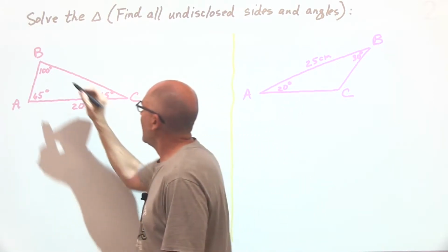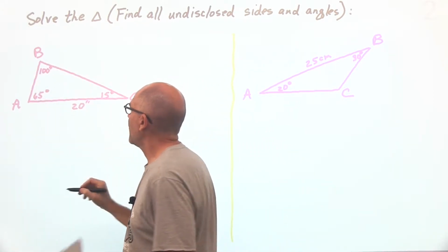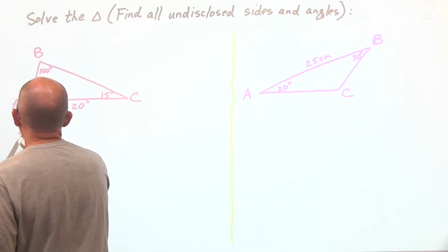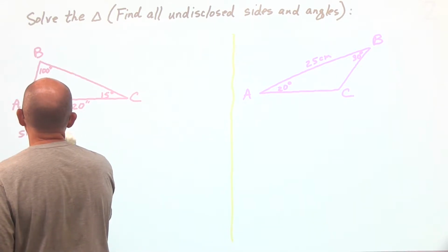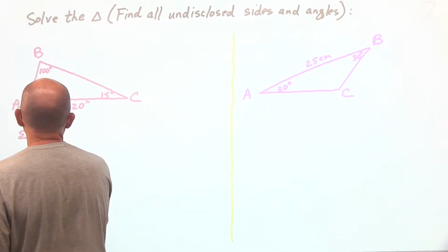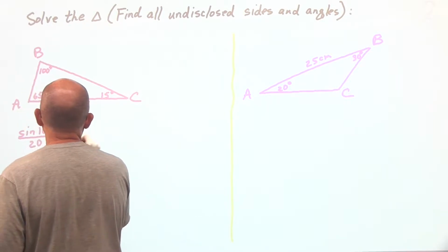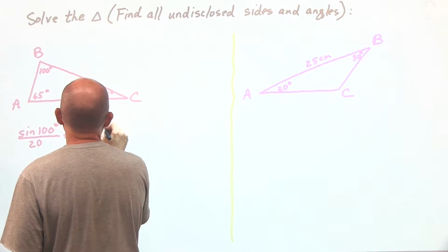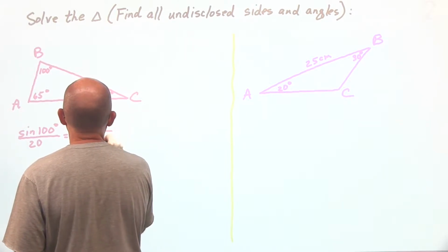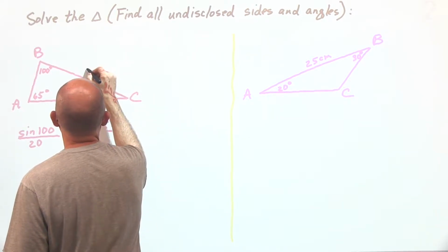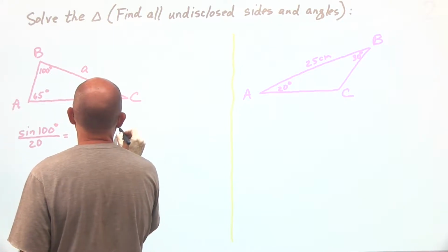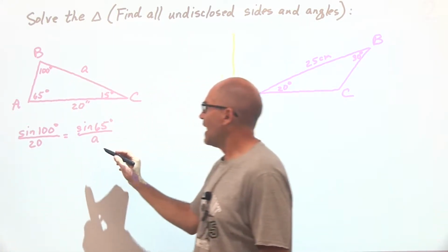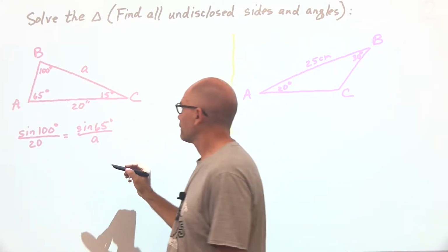Now, we have angle B and side B, so sine of 100 over 20 equals sine of 65 over A. And so to get A, we just cross multiply.